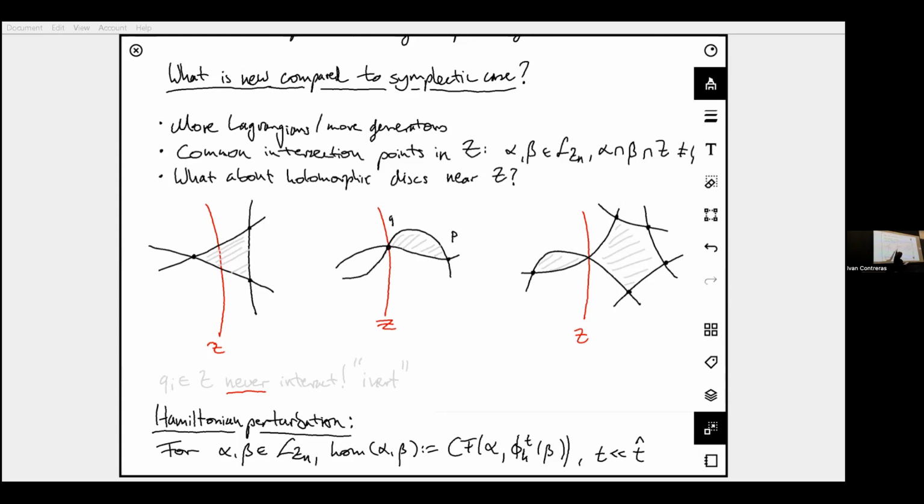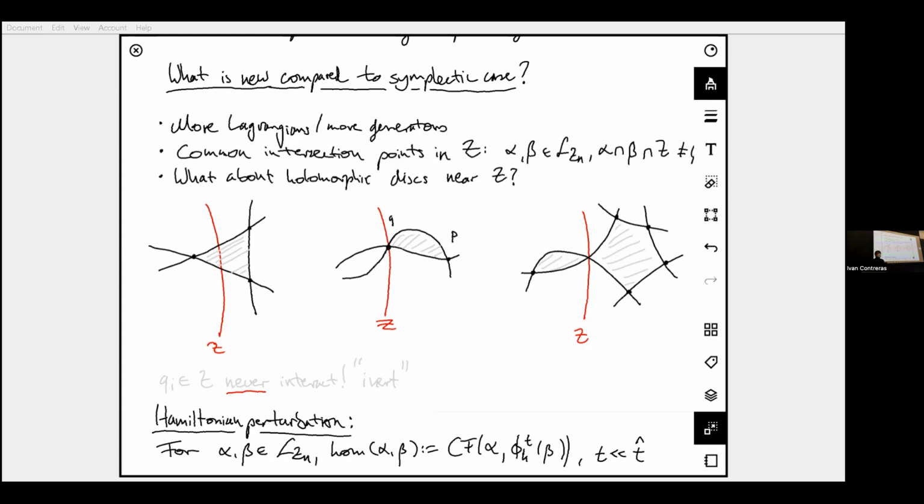The next question is, what about disks that go between points that are in the interior and points that are in the singular locus? And here it's not so clear cut. These can be solutions, these can be holomorphic. But it turns out that we do not want to consider them. We can just say, no, we are not going to allow these kinds of disks.